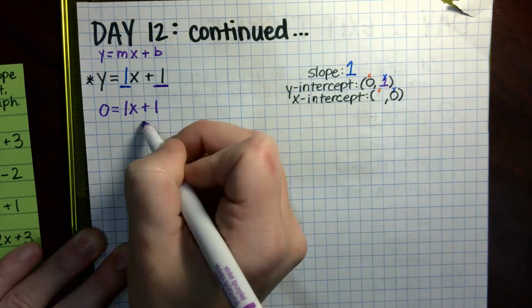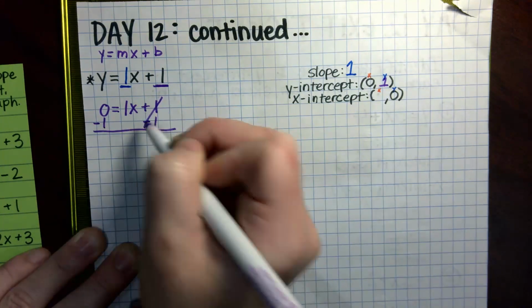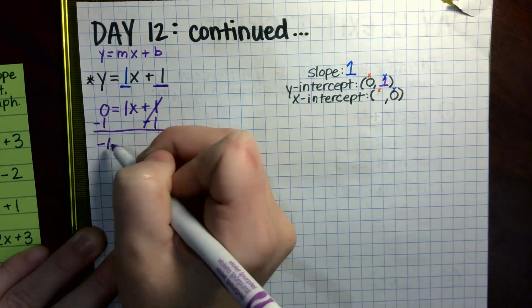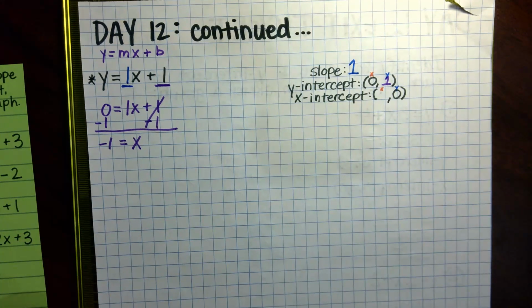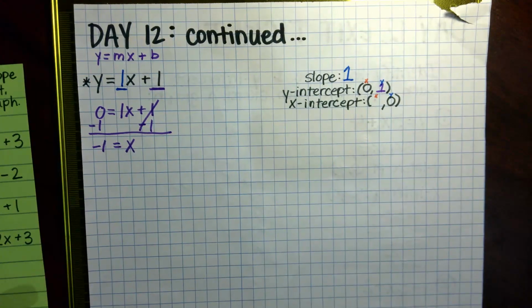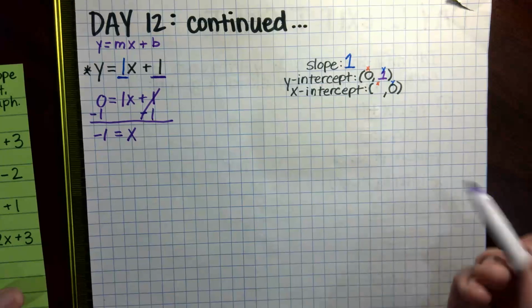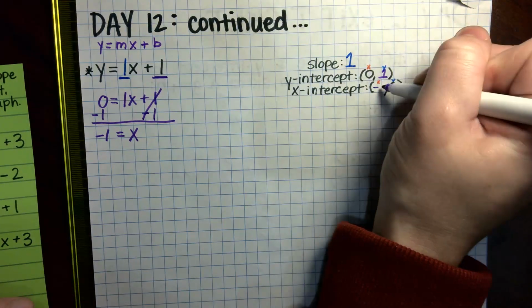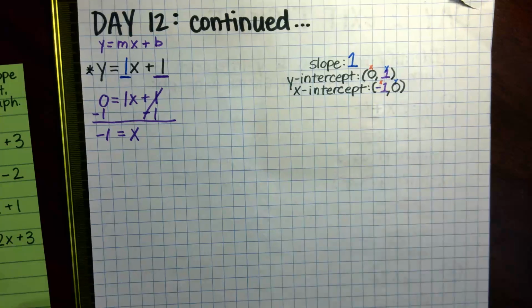Yeah, we got to subtract 1, get rid of it, our inverse operations. So the 1's cancel. I've got -1 equals x. And I'm done. Okay, so what's my x-intercept? -1. So I can put that here in this coordinate. My answer is -1 with a 0 for y as my x-intercept.